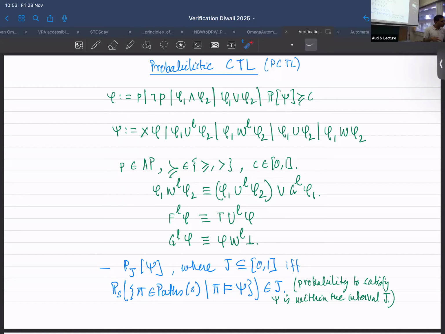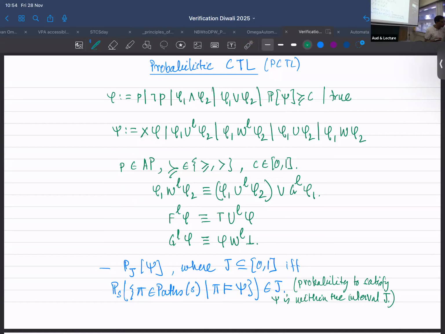But what is there in CTL which is not here? Next is also there. Is there this true formula? True, false, you can say, but I mean, you have the true and negation. These are usually there by default, so we often don't say them.